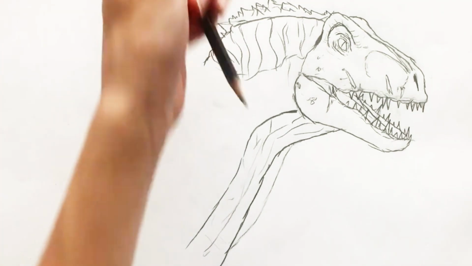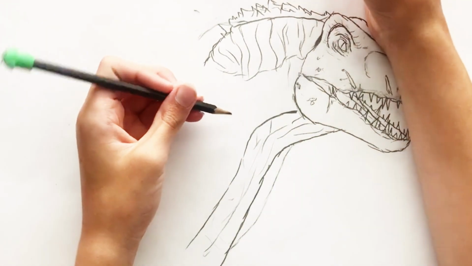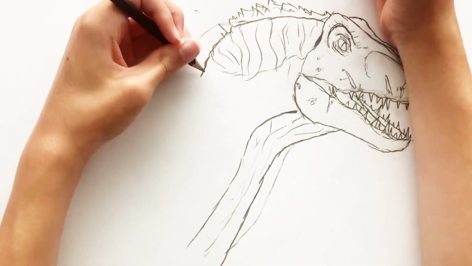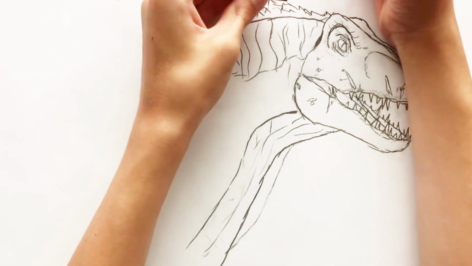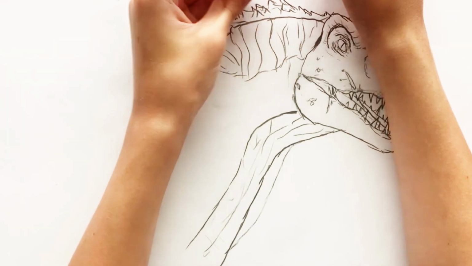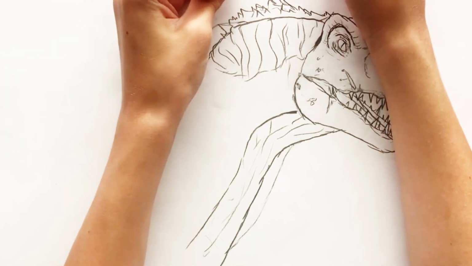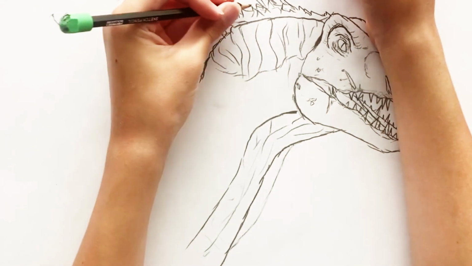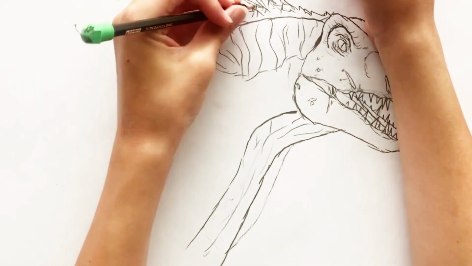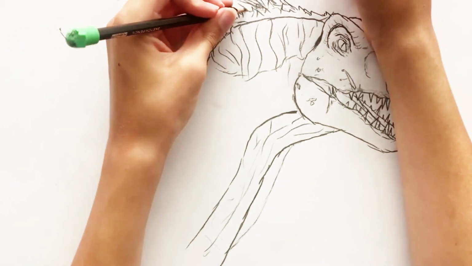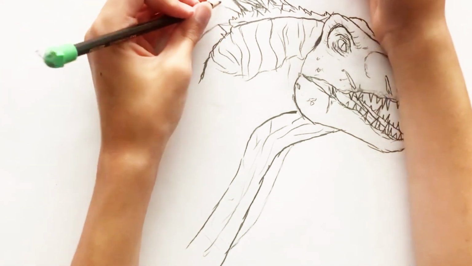So we can also just add, so yeah, the Indoraptor has these like quill things. I don't know why I just said that, but he has these like sharp things, these black sharp things right here. Just add some right there. Yeah, just add them here and there.